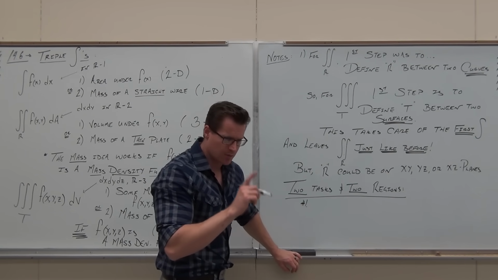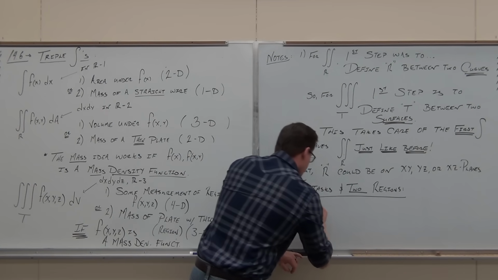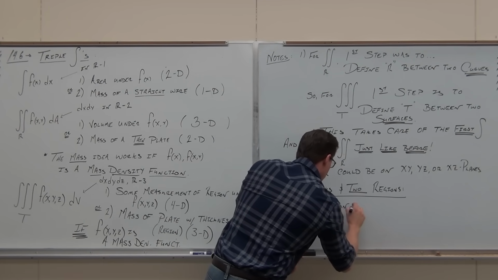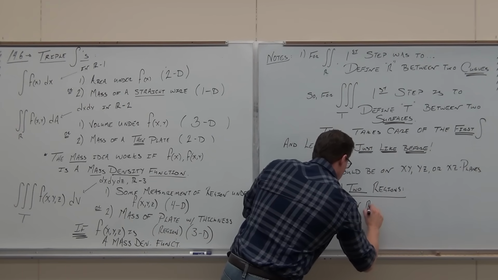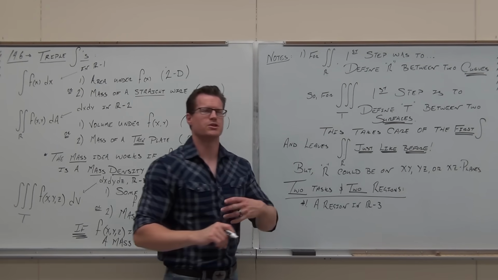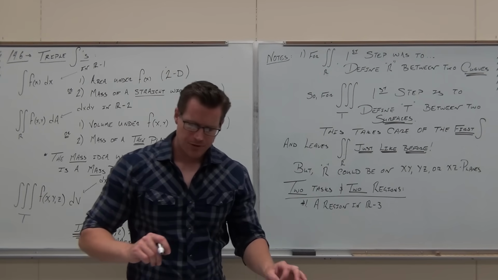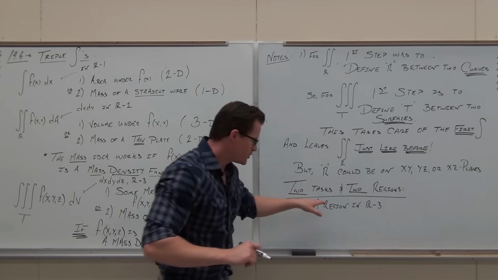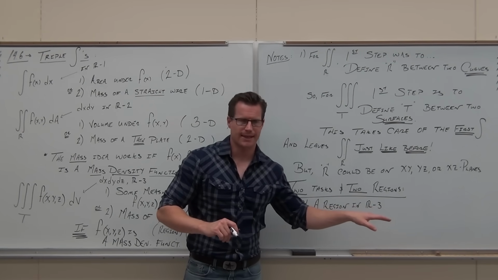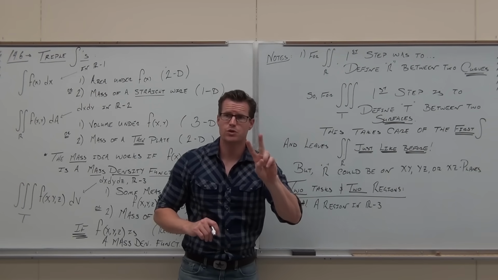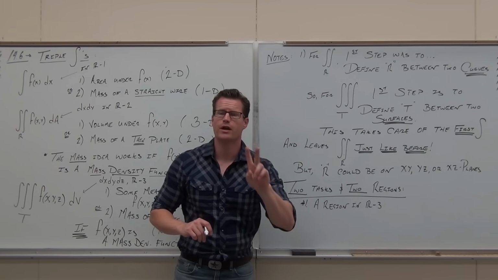Number 1, deal with a region in R3. That would be the one between surfaces. Number 2, after you deal with this region in R3, and I'm going to show you exactly how to do it, you'll deal with a very specific 2-dimensional region on a coordinate plane.